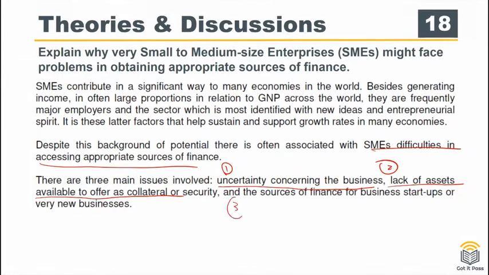And the third main issue is that the source of finance for business start-ups or very new businesses is also very limited as well. And they don't go to the traditional SME sources.